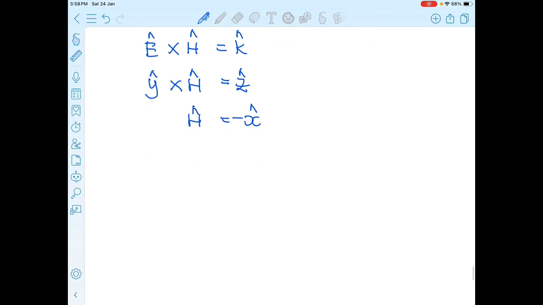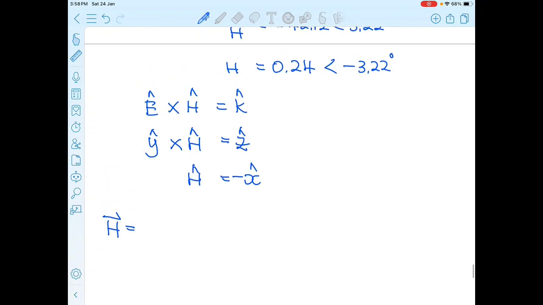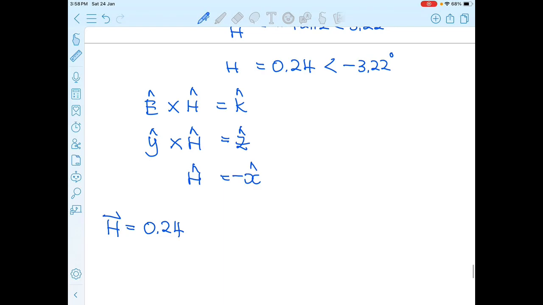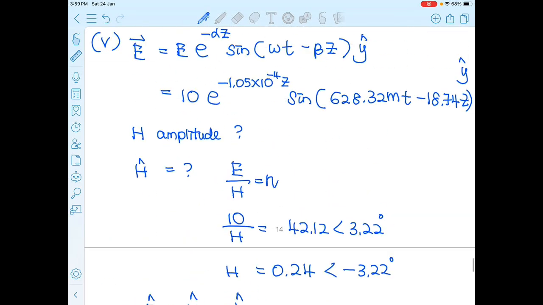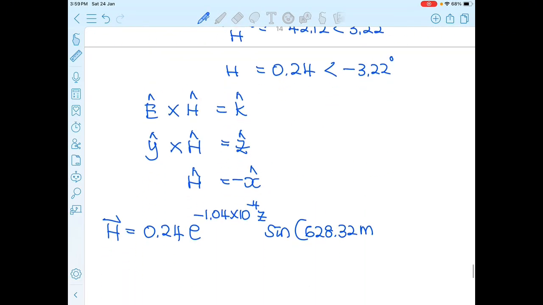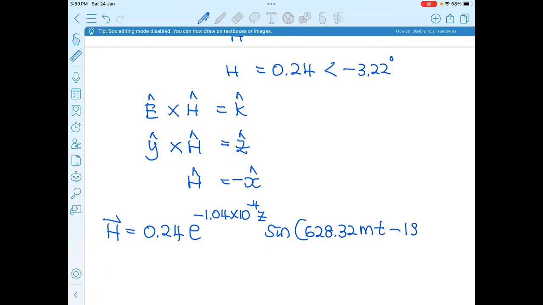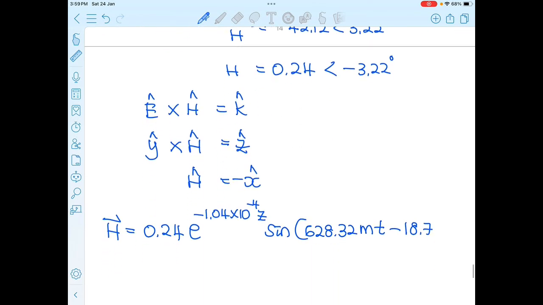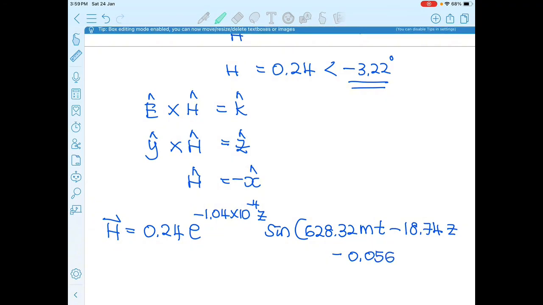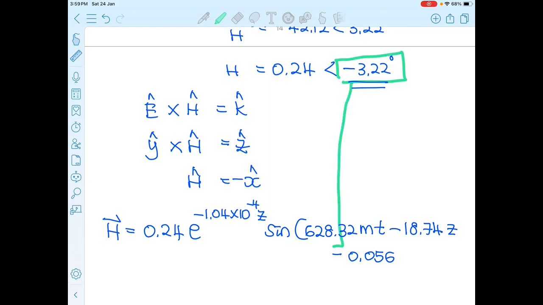Now you put it into your formula for the magnetic field: 0.24, with exponent negative 1.05 times 10 to the negative 4 z, and sine 628.32 mega t, and beta is 18.74 z, and minus the angle, because I change it to radians first. 3.22 times pi over 180, I'm changing it to radians, is 0.056.